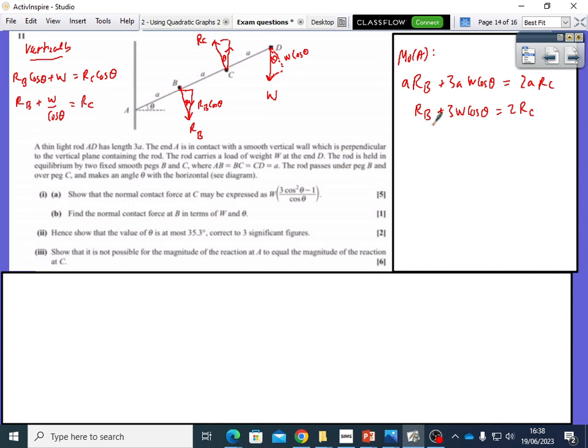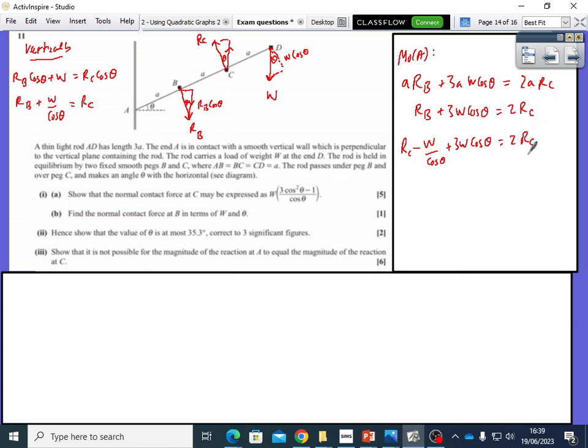Now if I make RB the subject, I can replace RB with RC minus W over cos theta, that's plus 3W cos theta equals 2 RC.